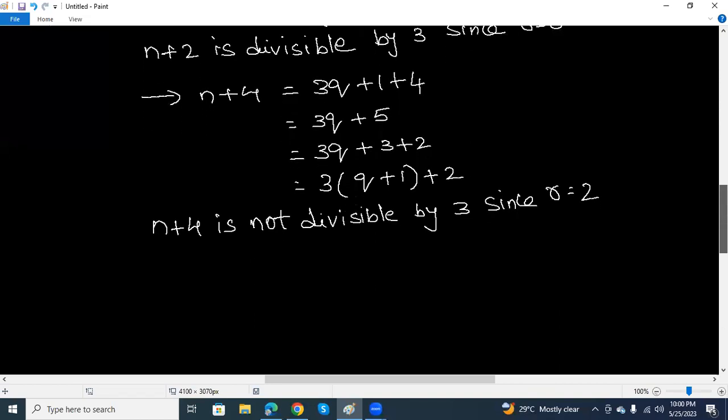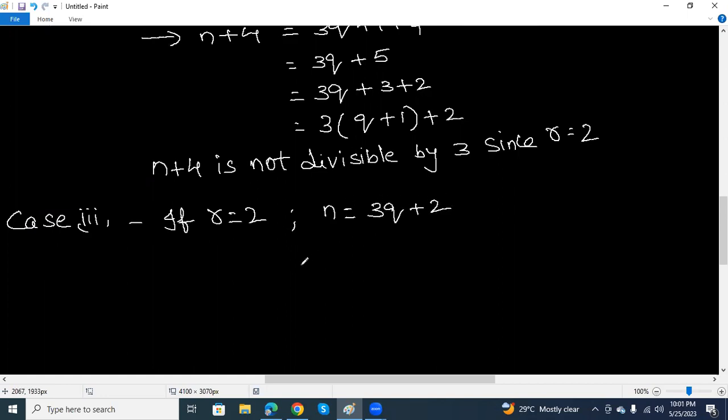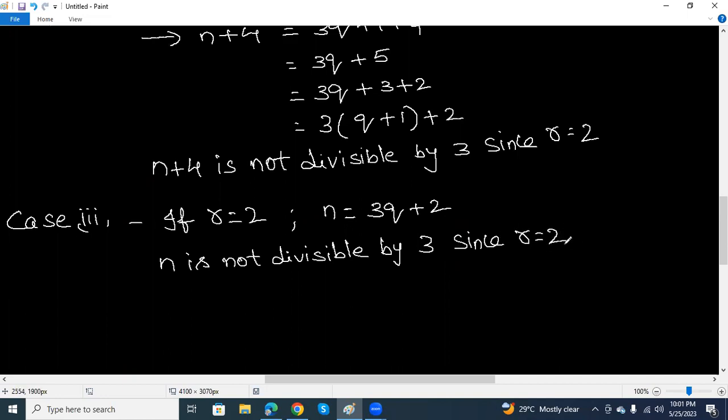Okay. So now we need to find case 3. What is case 3? If r is equal to 2, then n is equal to 3q plus 2. Here we got a remainder of 2, so n is not divisible by 3 since the remainder is 2 here.